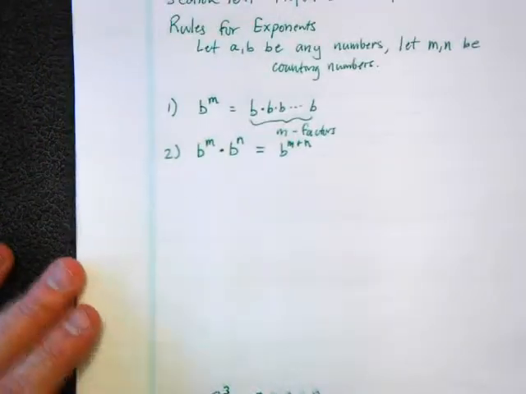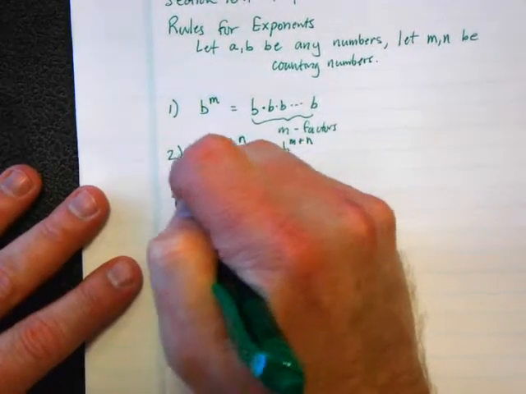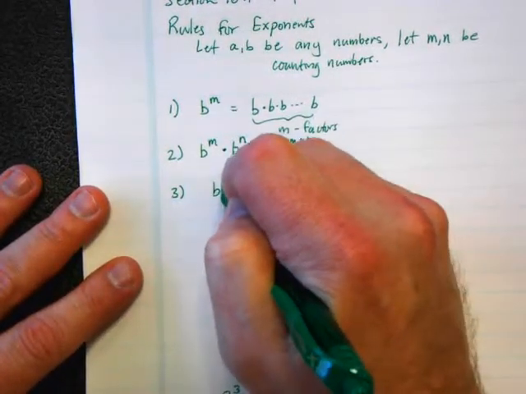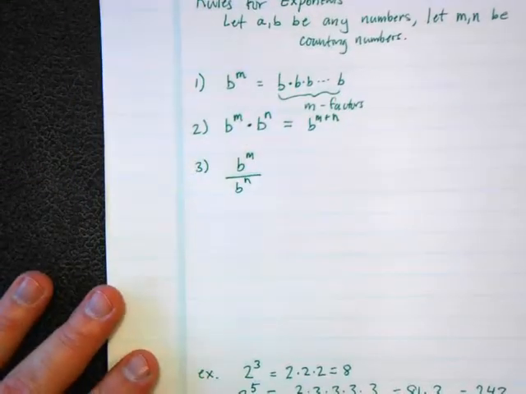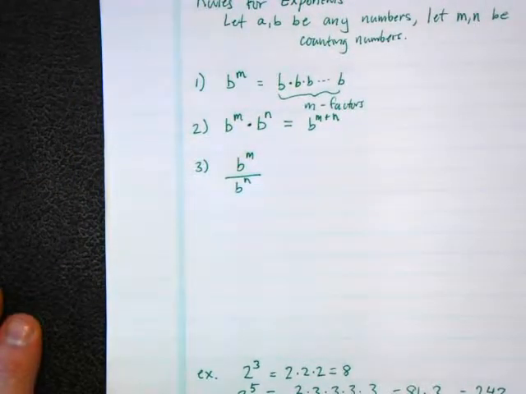All right, rule number 3. What happens when I divide? Again, the bases are exactly the same. What has to happen? Cancel. You subtract exponents. It would make a lot of sense that you would subtract.